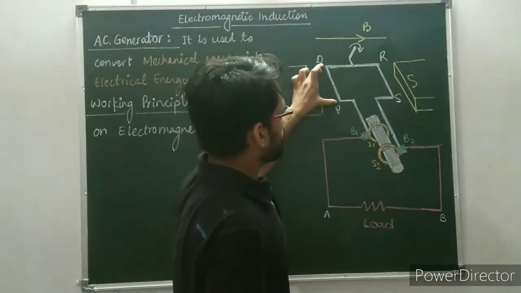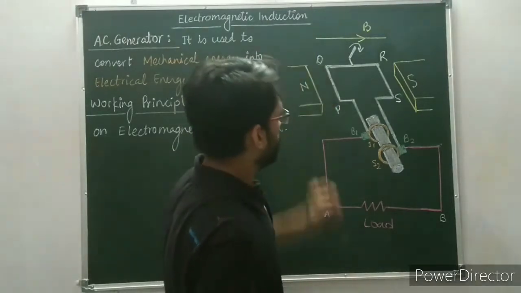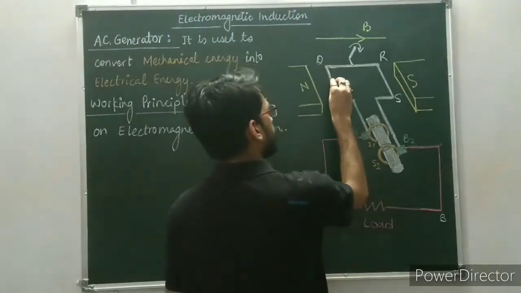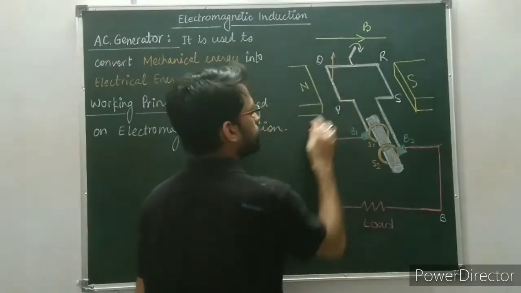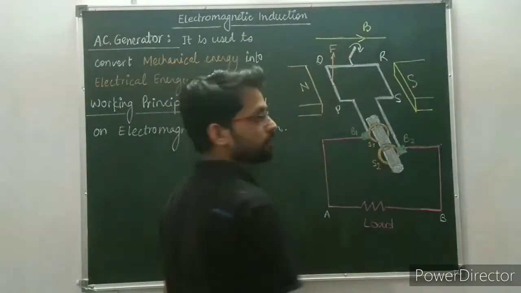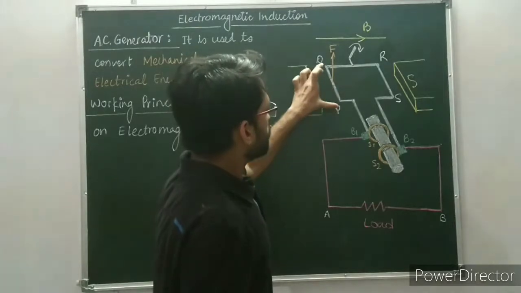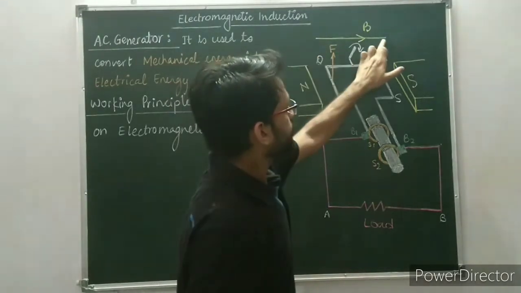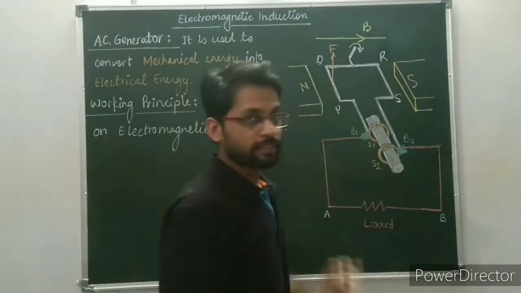Now consider this arm PQ which is moving upward. It means there will be a force F acting in upward direction on this arm, and this arm PQ is in magnetic field which is running from N to S.